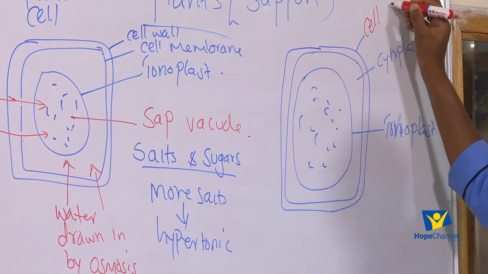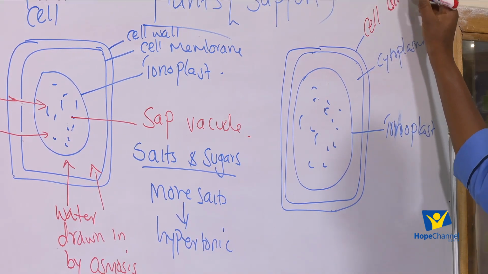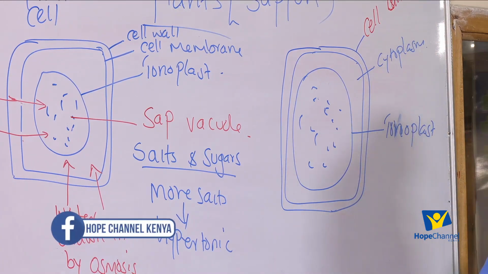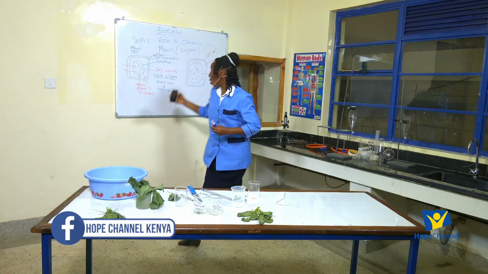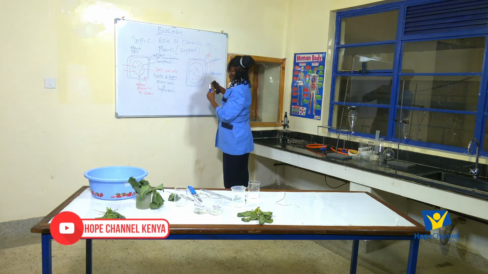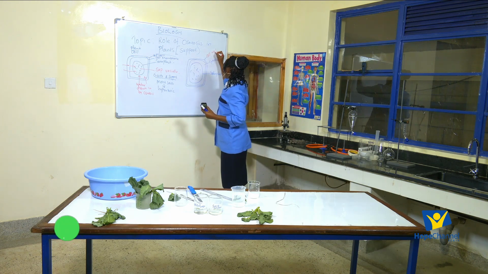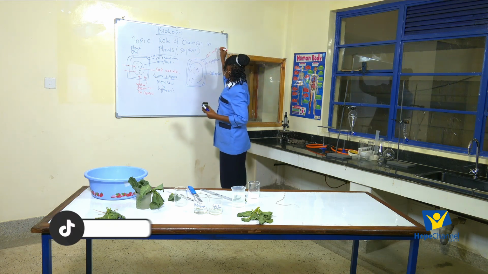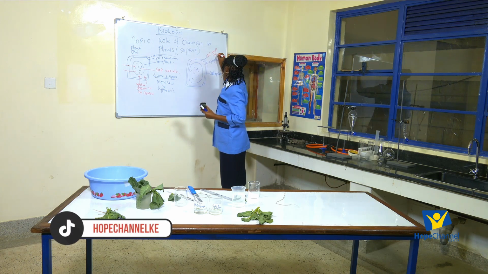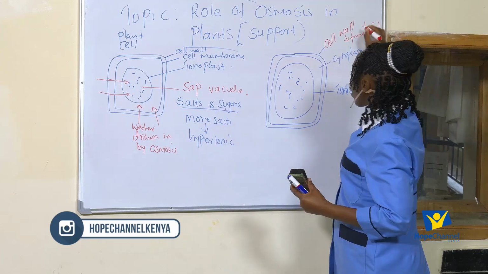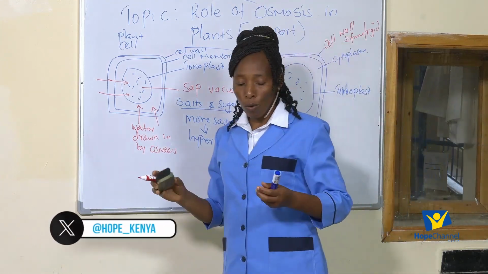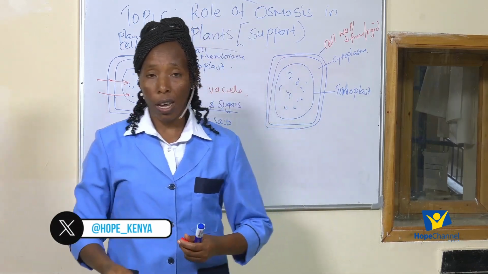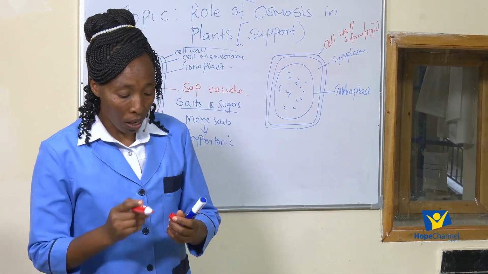This is the cell wall. Now the cell wall, usually we say it is firm. It is always rigid. Rigid means it doesn't move. Why? Because the cell wall is made up of cellulose.